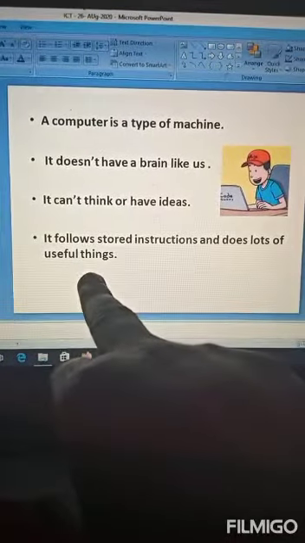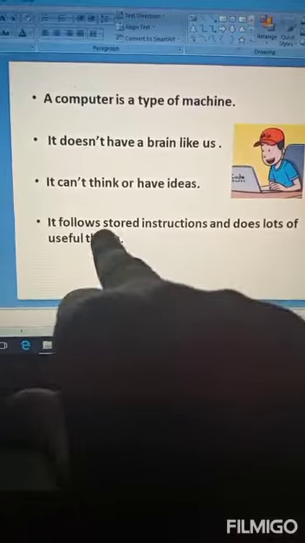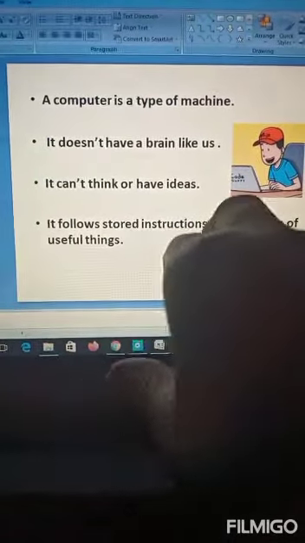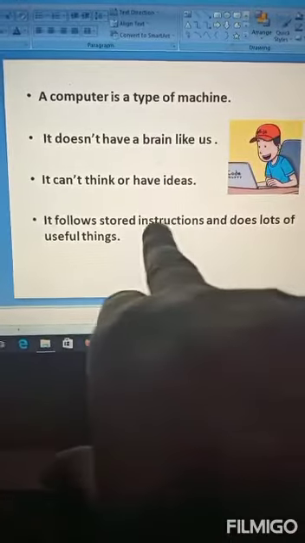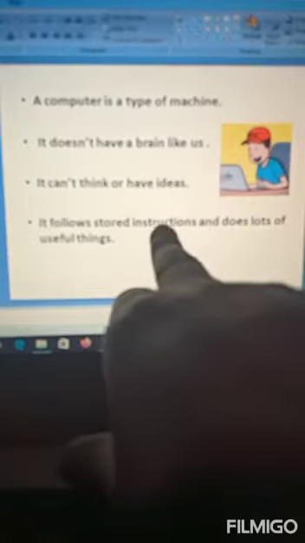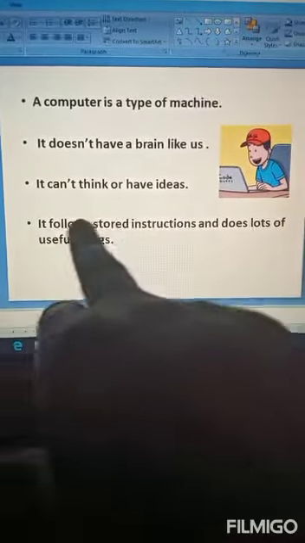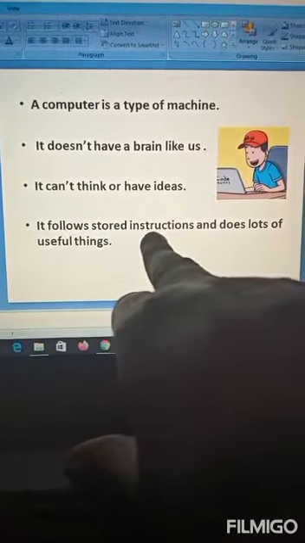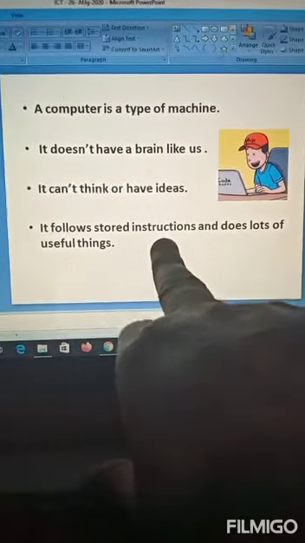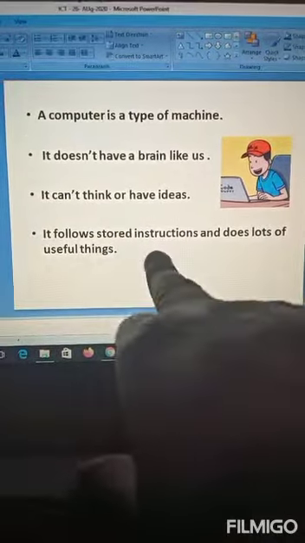How? Because it follows the stored instructions. It follows the algorithm. Who gives the instructions? Yes, the computer programmers. So the computer follows the instructions which are given to it by the computer programmers and does lots of useful things.